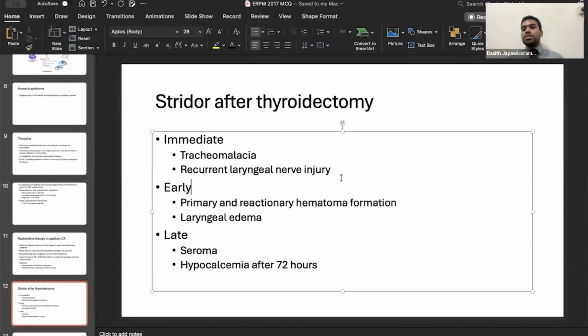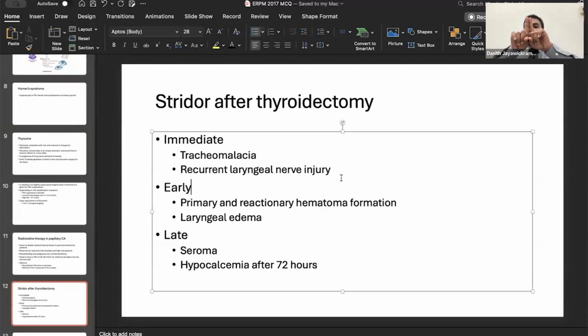The recurrent laryngeal nerve supplies almost all the muscles of the larynx except one. Now the vocal cords are like this. The vocal cords have abductors and adductors. The abductors are supplied by the recurrent laryngeal nerve.